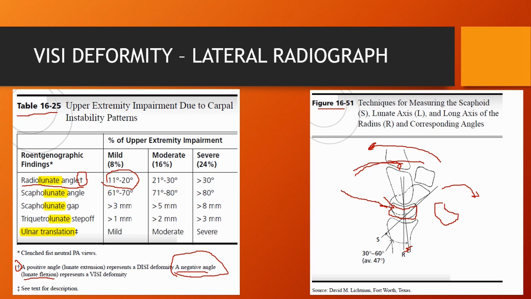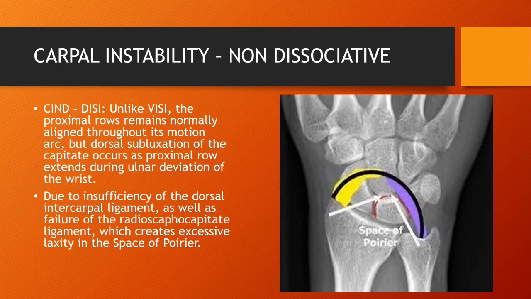And then, of course, the opposite, with a rotation of the lunate bone in this direction, would be a dorsal intercalated segmental instability, and that would be manifested by a positive radiolunate angle. And when the angle is positive greater than 10 degrees, that qualifies as a DISI deformity, which is a mild carpal instability impairment. So that's the VISI deformity.